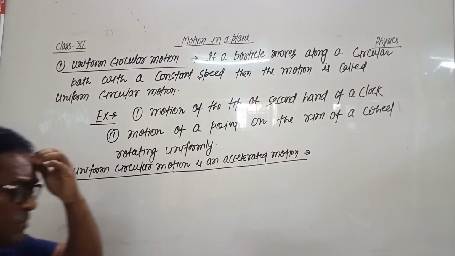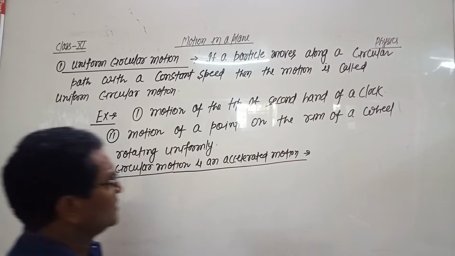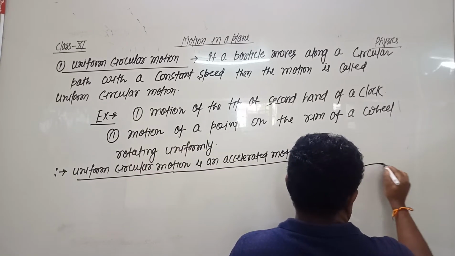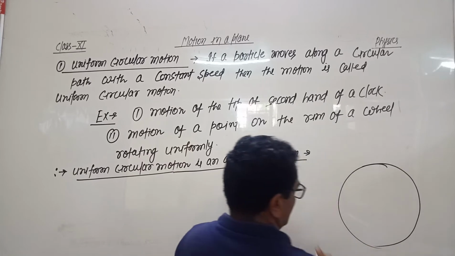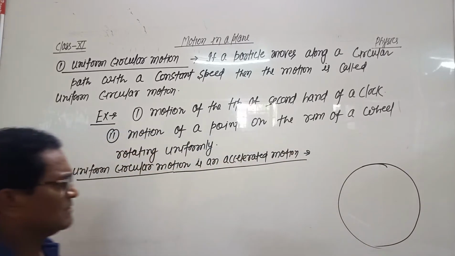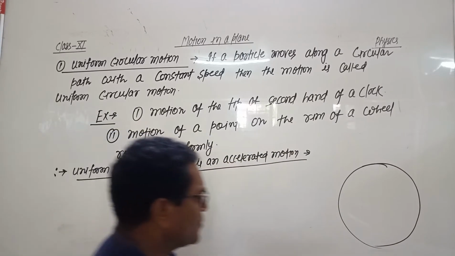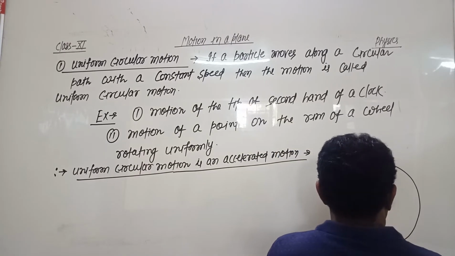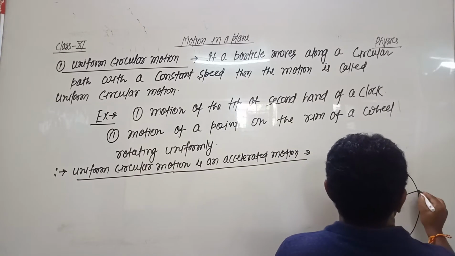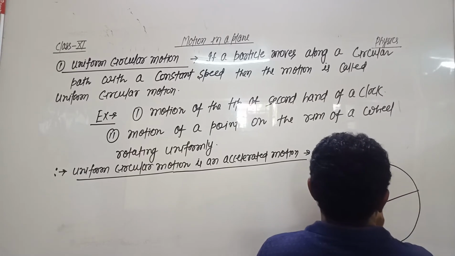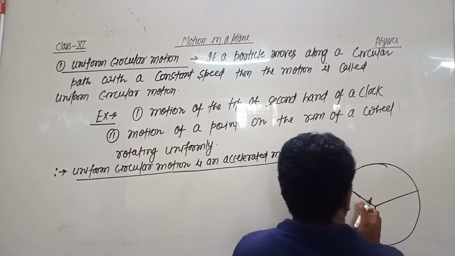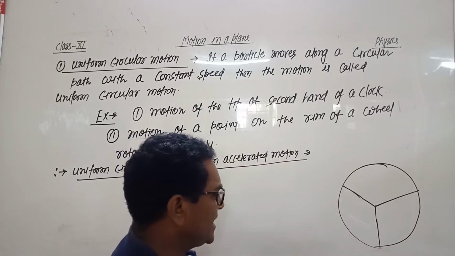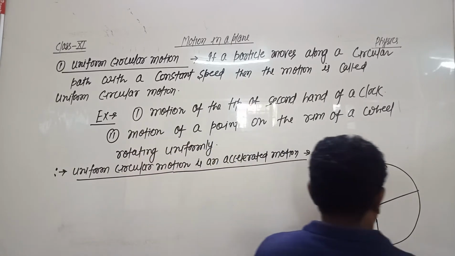When a body moves in a uniform circular motion, the velocity at every point of the motion gets changed, and the direction of velocity is tangential, which means the velocity is perpendicular to the radius.